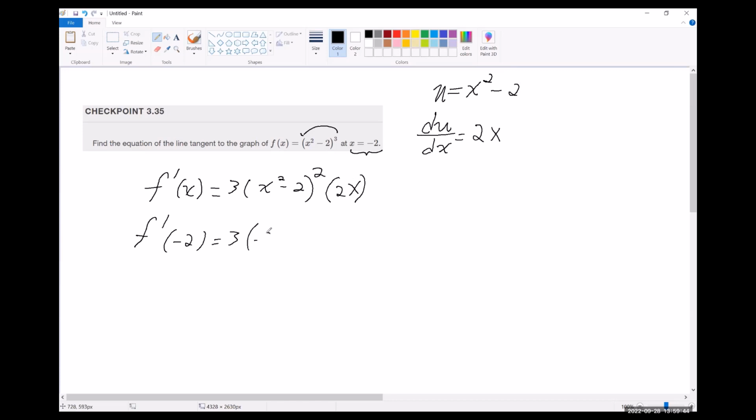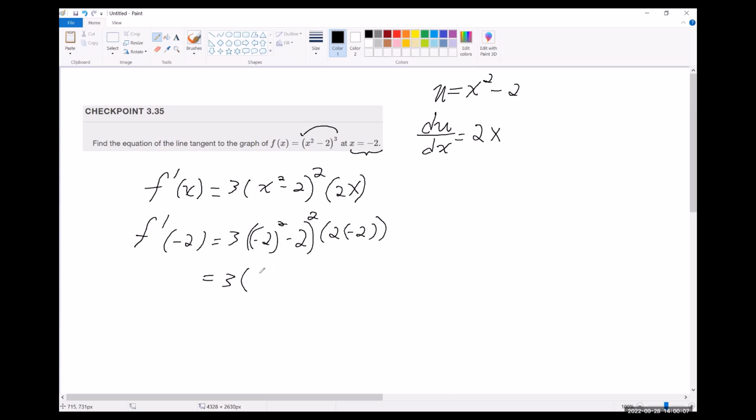So 3 times -2 squared minus 2, squared. I'm just plugging it in. You've done that a bunch of times in other contexts. So this is 3.